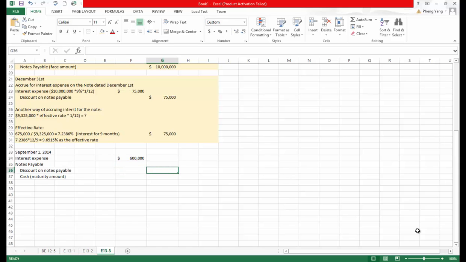Okay, that's the same thing for the discount. Okay. For the notes payable, we borrowed 10 million. Okay. So my cash then will also be 10 million.